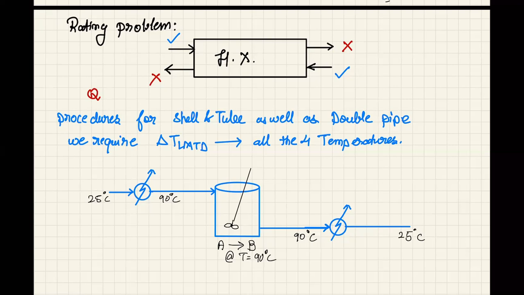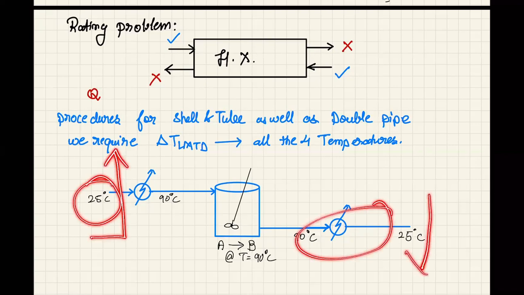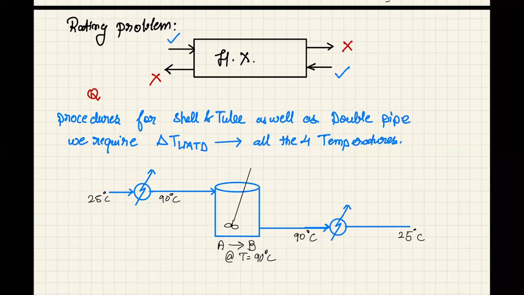And now one of our friends suggests, we have a stream which needs to be heated, and we have a stream that needs to be cooled. Why not I use this stream to heat this stream?